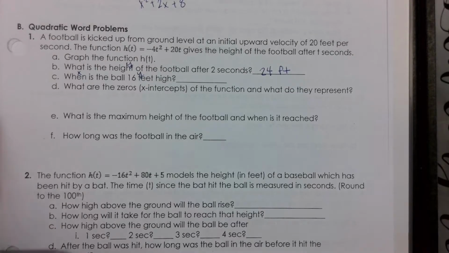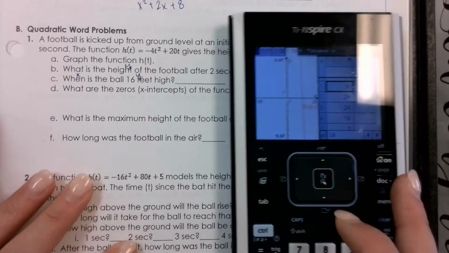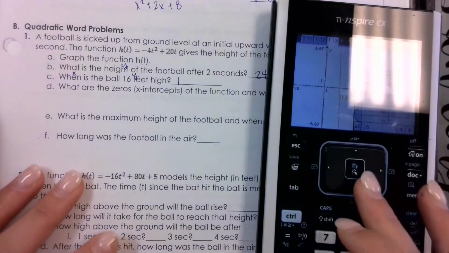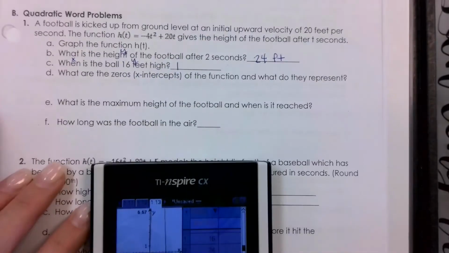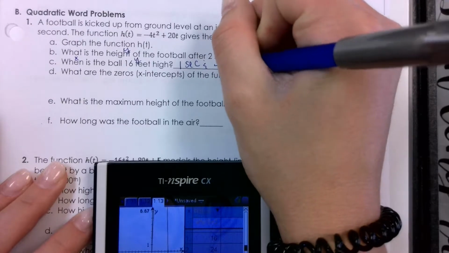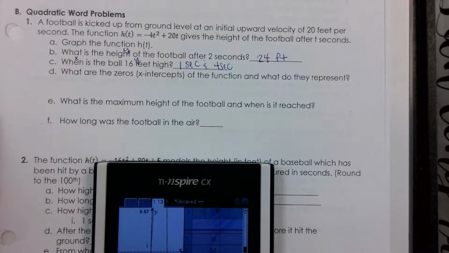Can you find 16 in your table, though? Where does that equal 16? 1. Does it ever happen again? Where? At 4. So at 1 second and at 4 seconds. Is that all right? Questions? Okay.